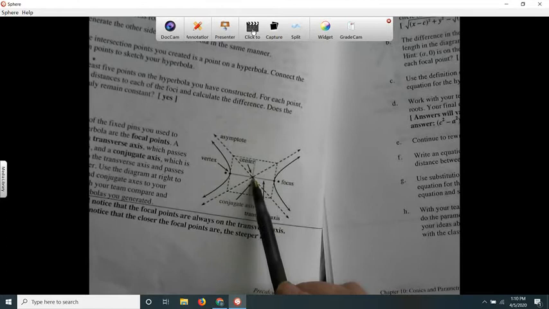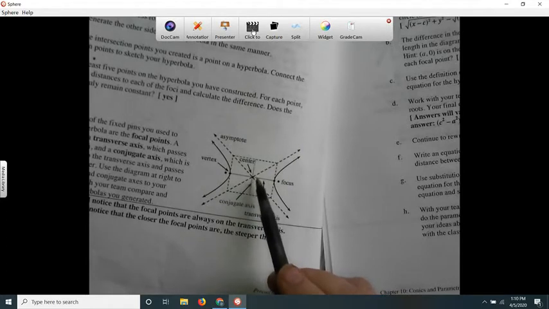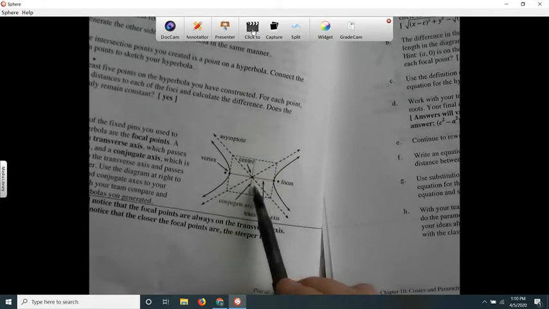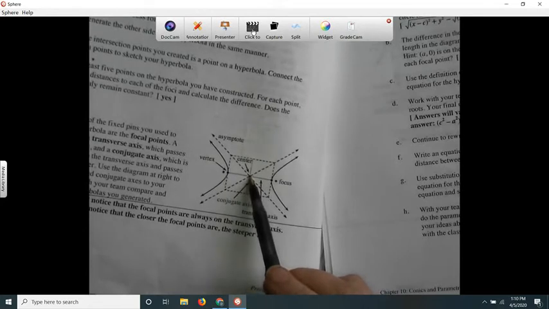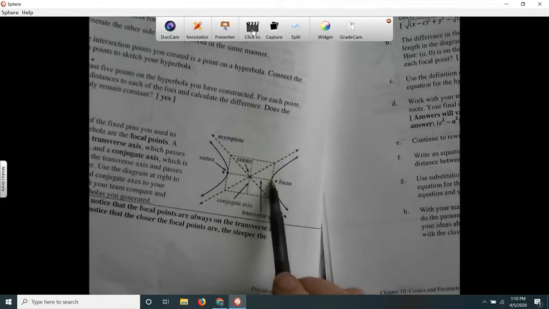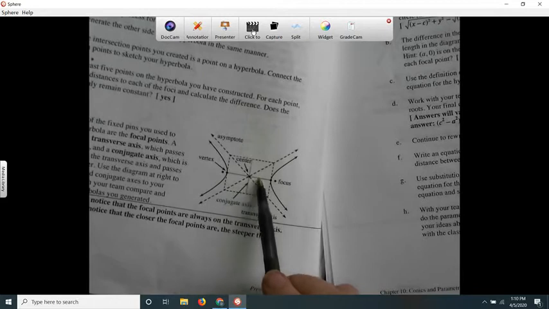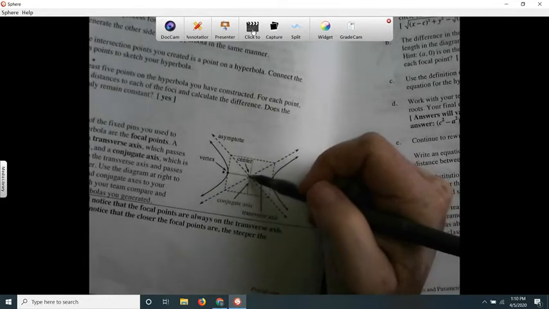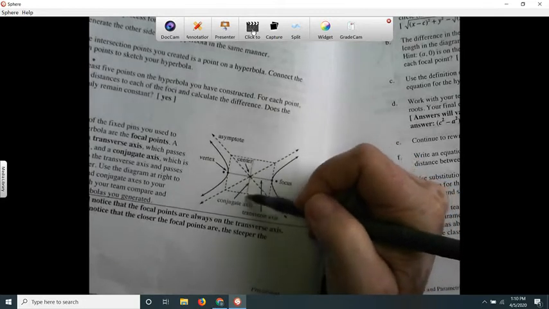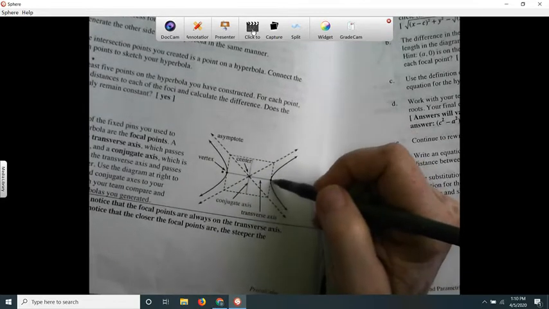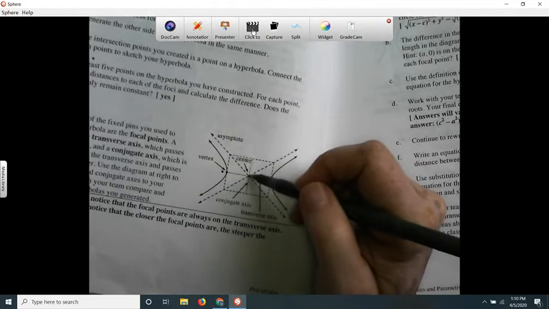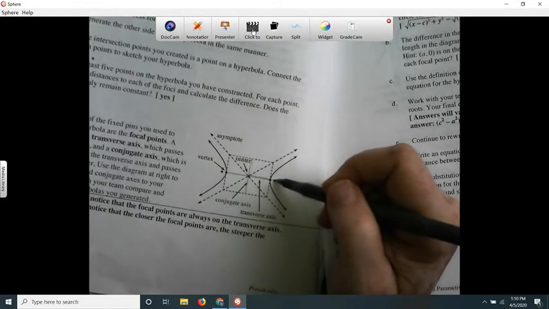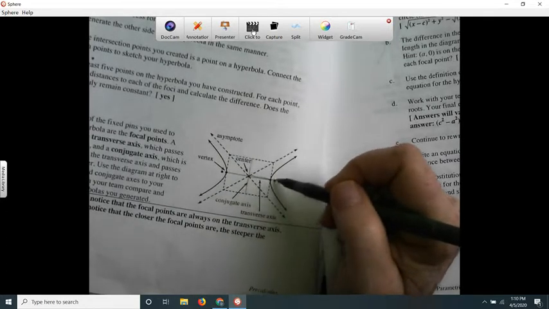Basically, all your hyperbolas are going to have a center, and then they're going to have this distance right here. It's called A, from there to there. And this distance from here to here is called B. And this distance from the center all the way to the focus, that's called C.